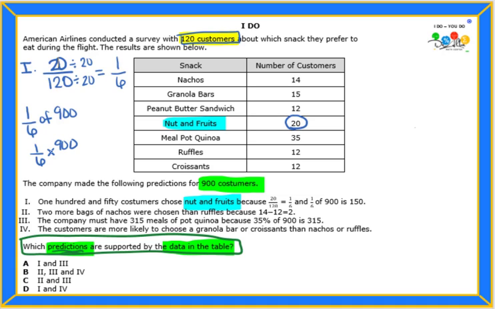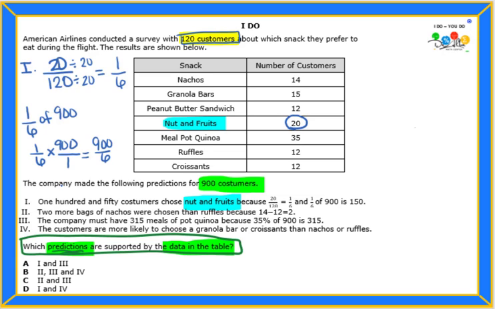And when we are multiplying fractions, we need to make sure that the whole number becomes a fraction. So we're going to put that over 1. And that would be 1 times 900 is 900. And 6 times 1 is 6.